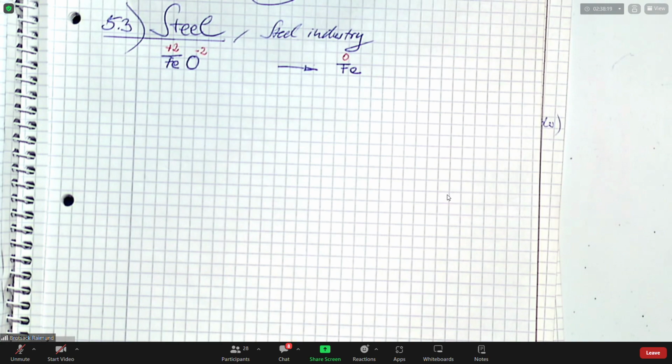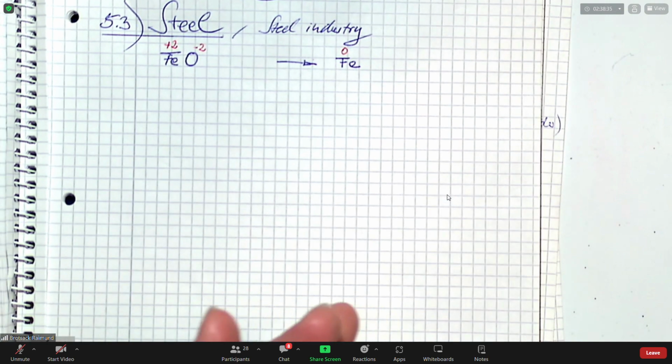Do you know from where the electrons are coming in the steel industry, typically? Yeah, they use carbon. So different forms of carbon, coal.